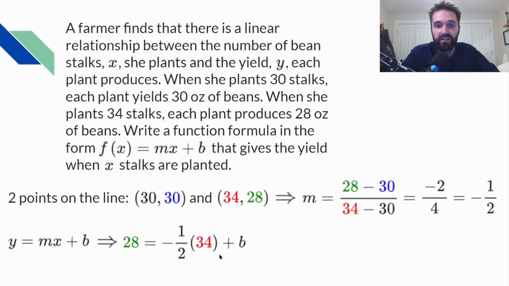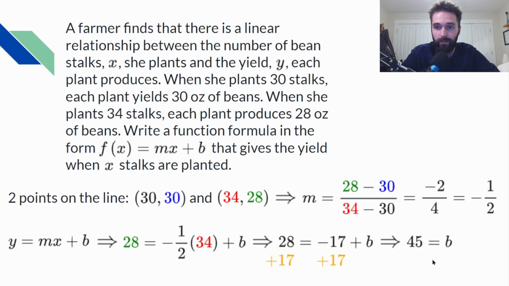So now b is the only letter left over, so we can isolate it on the right-hand side. And this is what we get. 34 times negative 1/2 is negative 17. Okay? So we almost have b isolated. We just need to add 17 to both sides.